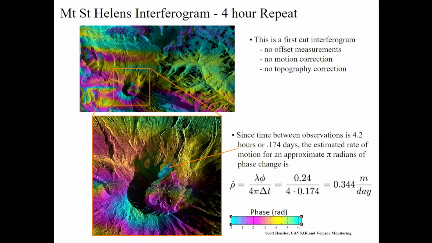The estimated motion was approximately 0.344 meter per day. Since the data sets were acquired at very short intervals, we were able to find this motion very efficiently, and very good interferometric patterns were generated, which can also be seen here.